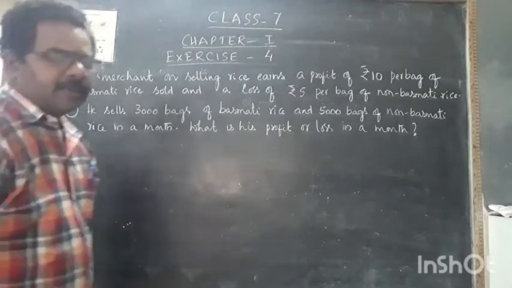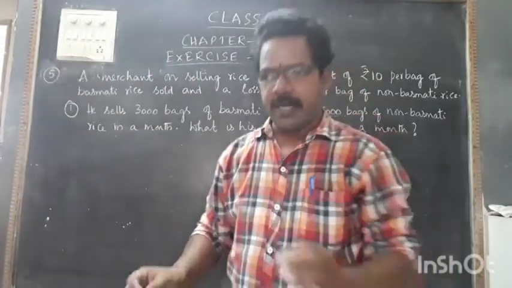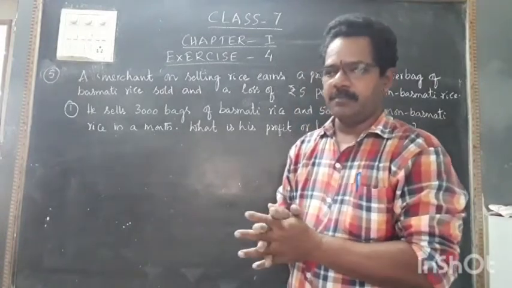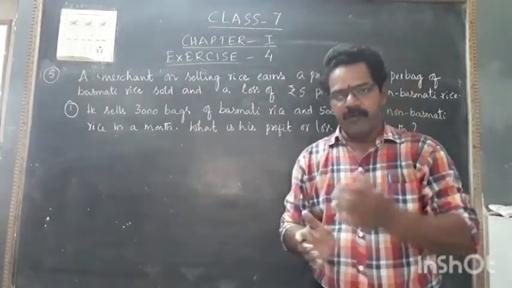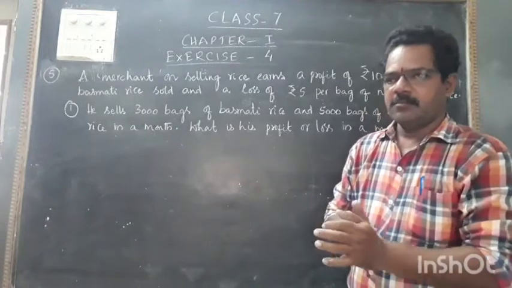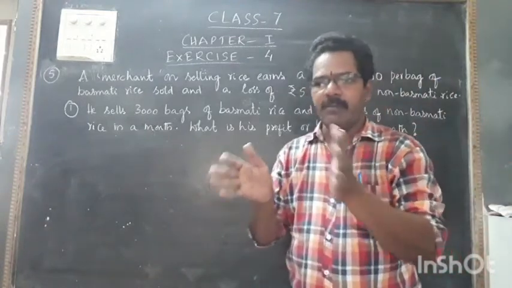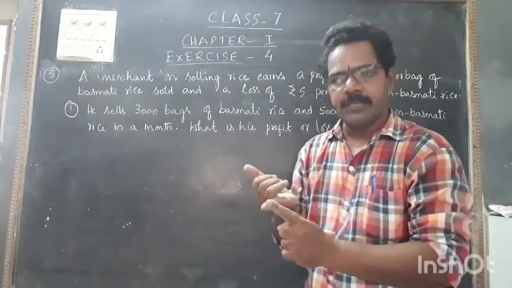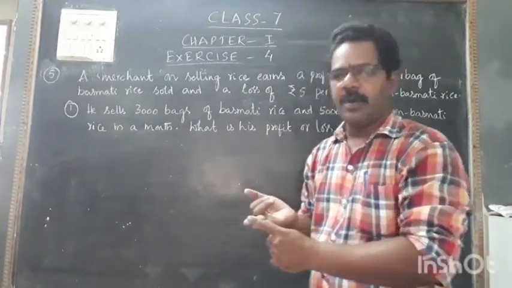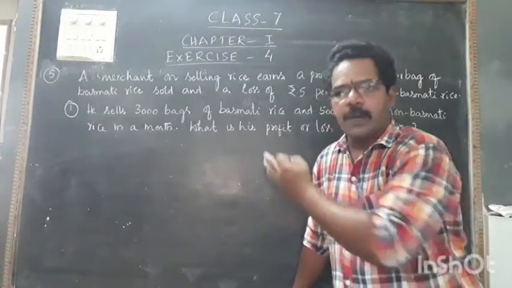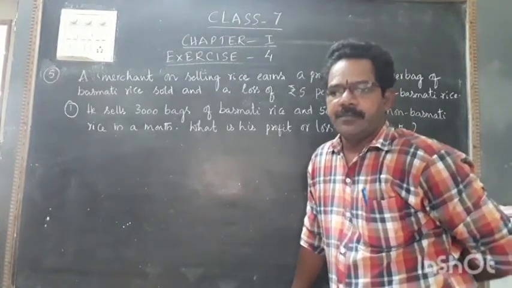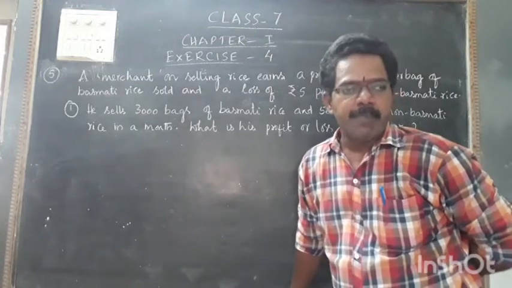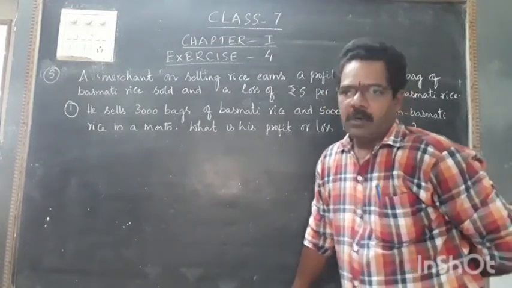What is here? In a rice merchant's shop, we can say. I know everybody is having rice, so rice here can be of 2 different types. First is basmati rice and second one is non-basmati rice. Do you know for what purpose basmati rice and non-basmati rice are used? Basmati rice is used for preparing biryani, pulao, like that.